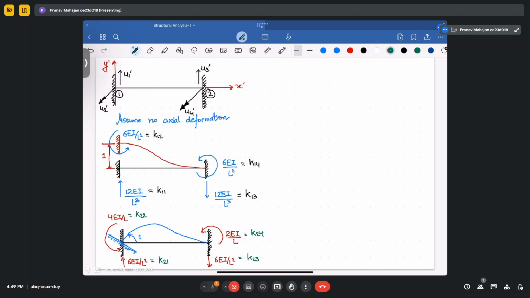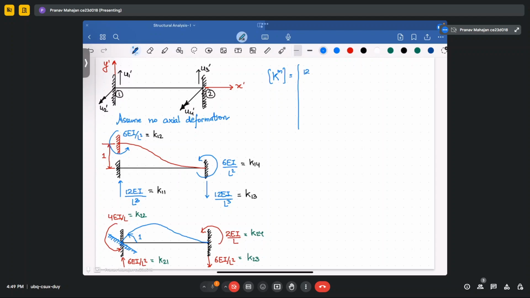Okay. Similarly, if you move joint 2 first, if you take U3 in the positive y direction and provide displacement in that, and then if you provide the rotation, the final stiffness matrix that will be developed for a particular member would be like this.